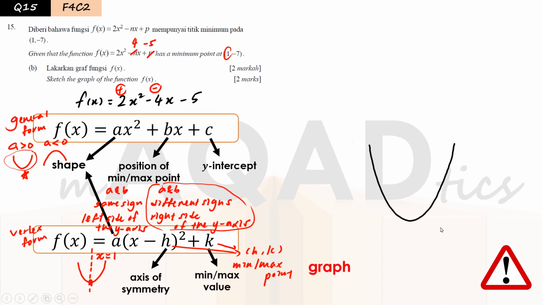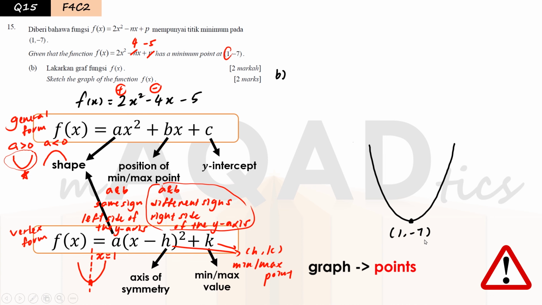And then we are going to plot the points that we have, for example, the minimum point. So we know that the minimum point is actually at the middle line of the graph, or the axis of symmetry. So I'm going to plot the minimum point here. Alright, and I'm going to label the coordinates, which is 1 and -7.